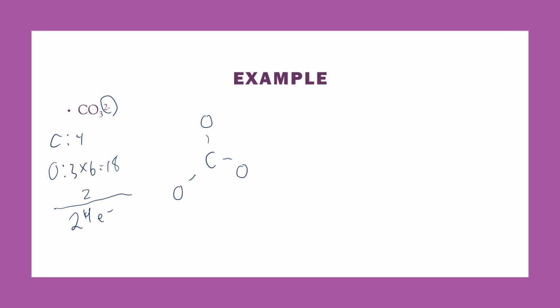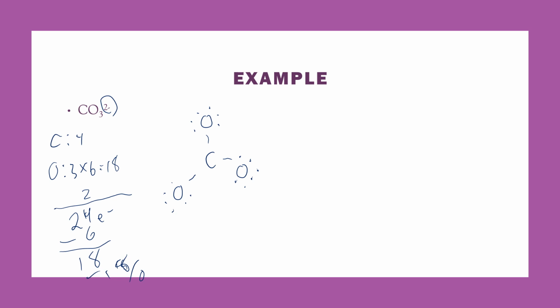I just made 3 bonds with 2 electrons each, so that used up 6 of my electrons. And then I need to fill in the octets of the outermost atoms, so each oxygen already has 2 electrons. 1, 2, 3, 4, 5, 6, 7, 8, 9, 10, 11, 12, 13, 14, 15, 16, 17, 18. So that used up all of those valence electrons.